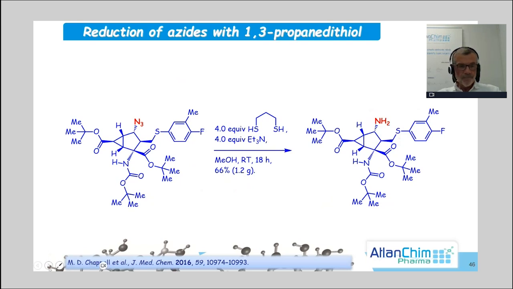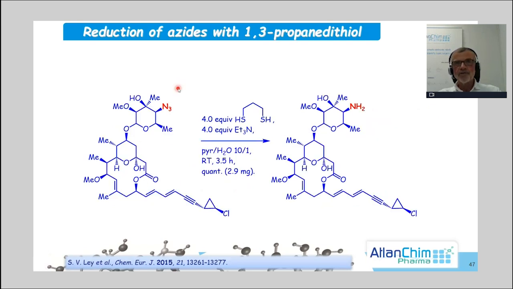In the final stage of total synthesis of this natural product, reduction of this azide using a combination of 1,3-propanedithiol and triethylamine in aqueous pyridine gave the desired amine here in excellent yield, even if the scale, as you can see, is not very high.